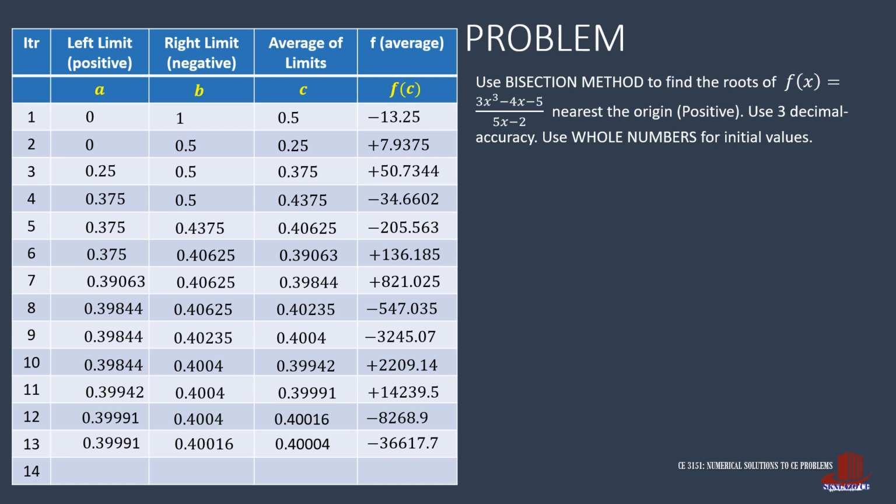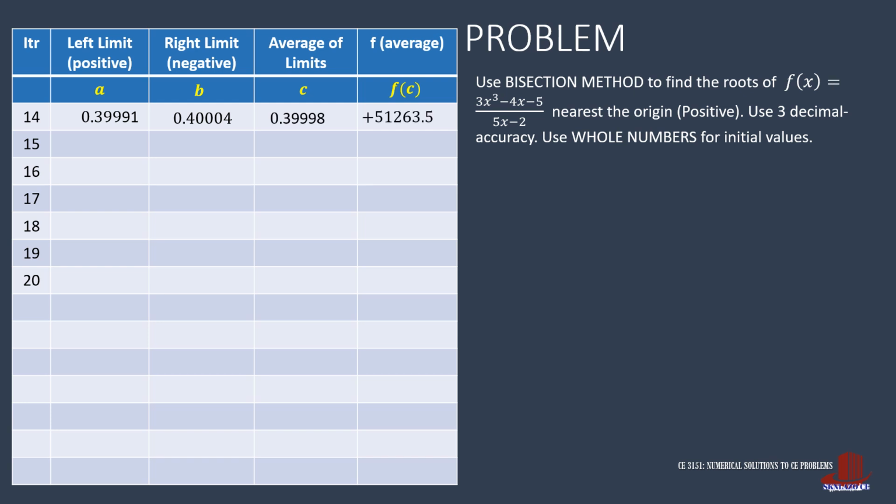The 14th iteration takes c for the new b as f of c is negative. A is still 0.39991. Their average is 0.39998, and the function of the average is positive 51,263.5.